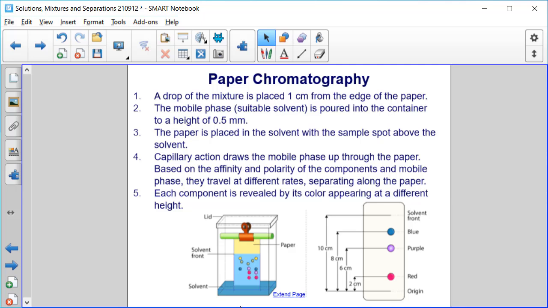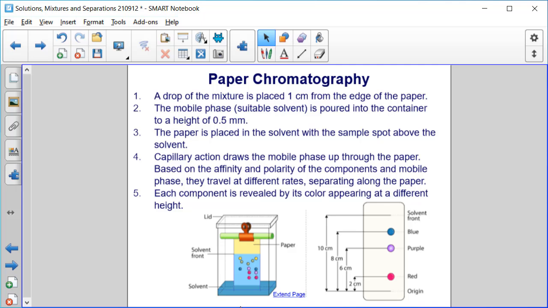So you just want the tip of the paper touching the solvent. The paper is placed in the solvent with the sample spot above the solvent. So you're not submerging your drop into the solvent. You're just putting a tip of the paper in there.